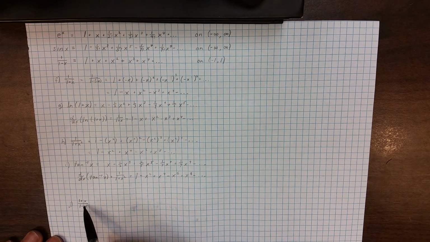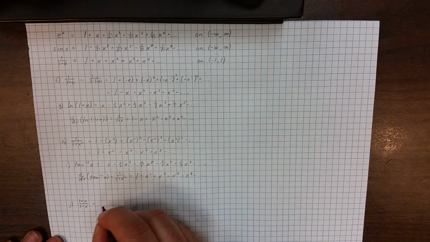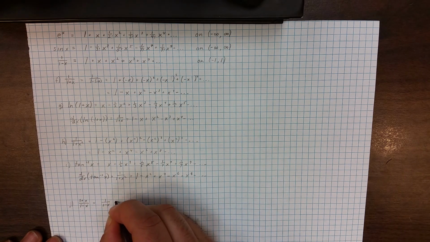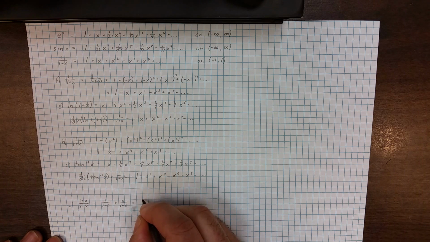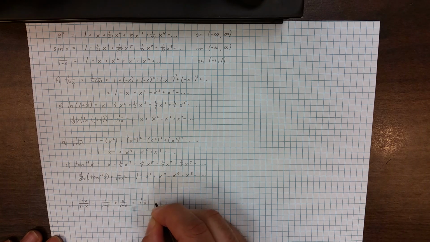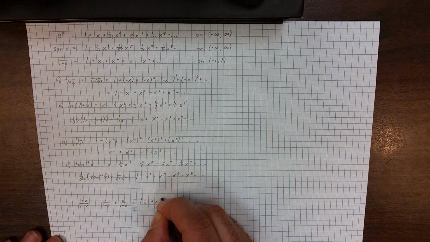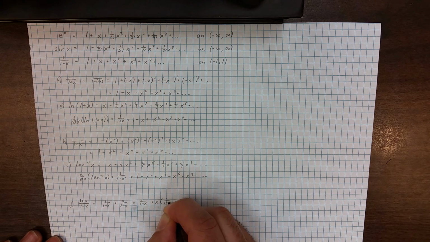One last one. Let's take a look at 1 plus x over 1 minus x. We'll write this as two fractions. We'll write this as 1 over 1 minus x, and we will add it to x over 1 minus x. That's the same thing as writing 1 over 1 minus x plus x times 1 over 1 minus x.